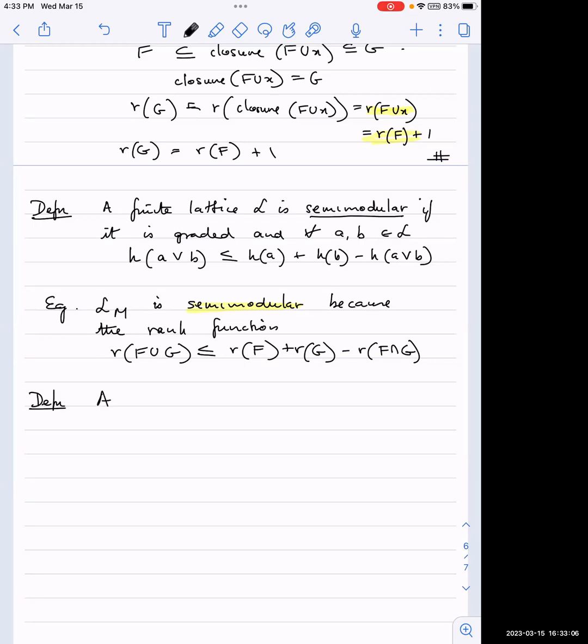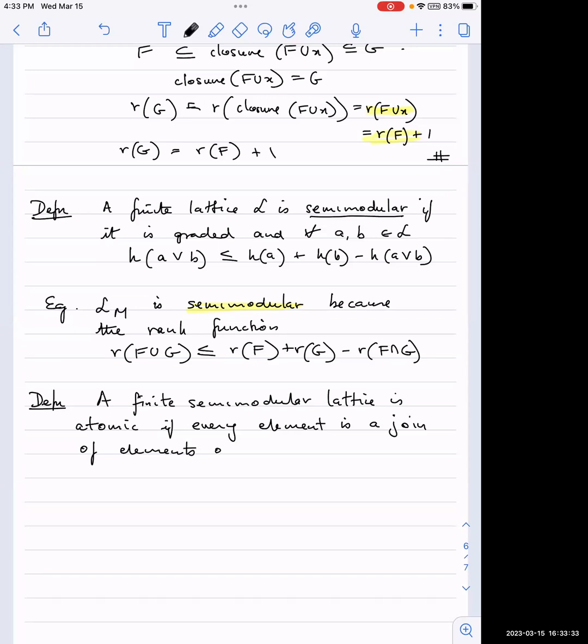A finite semi-modular lattice is atomic if every element is a join of elements of rank 1.